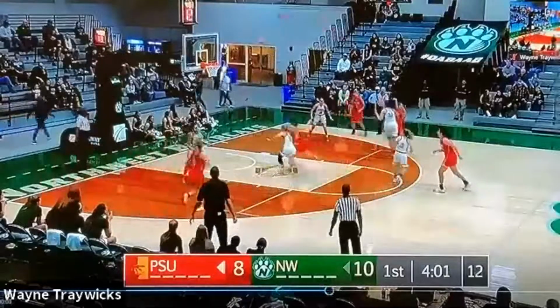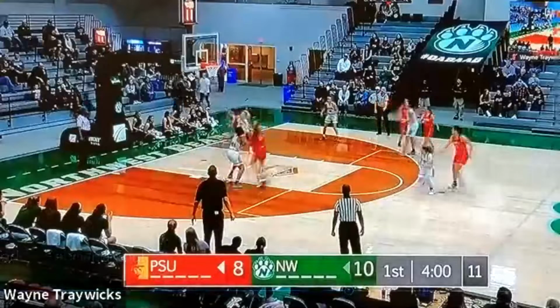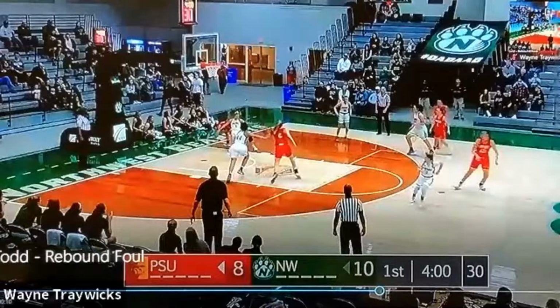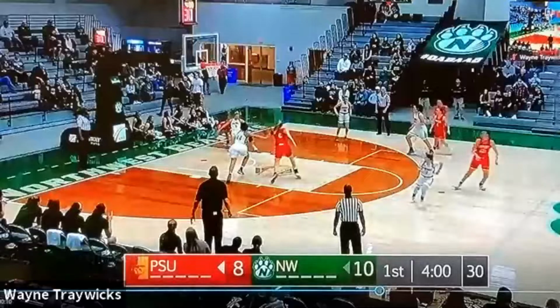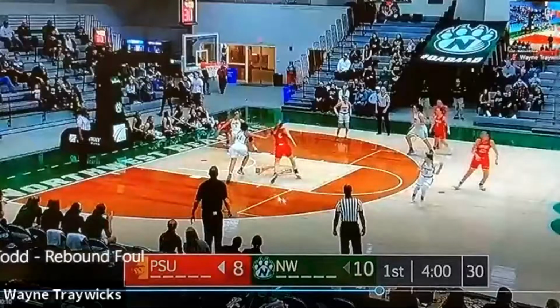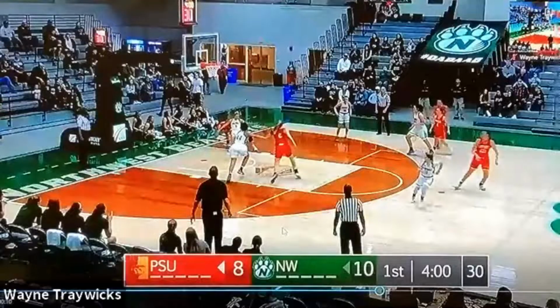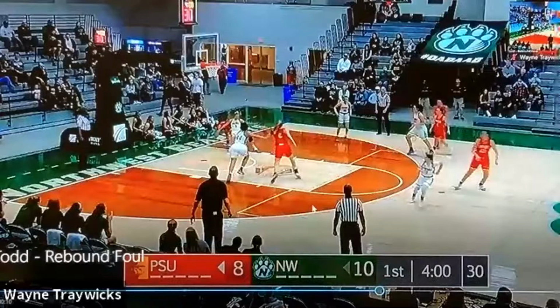Get ready, pause. Anytime you see a player's arms go straight out, your antennas should go up, because that should be a clue to you that something could possibly get ready to happen. So anytime we see arms go out, antennas go up, and now we really need to pay attention to that, because usually that's the person who's going to be fouled.